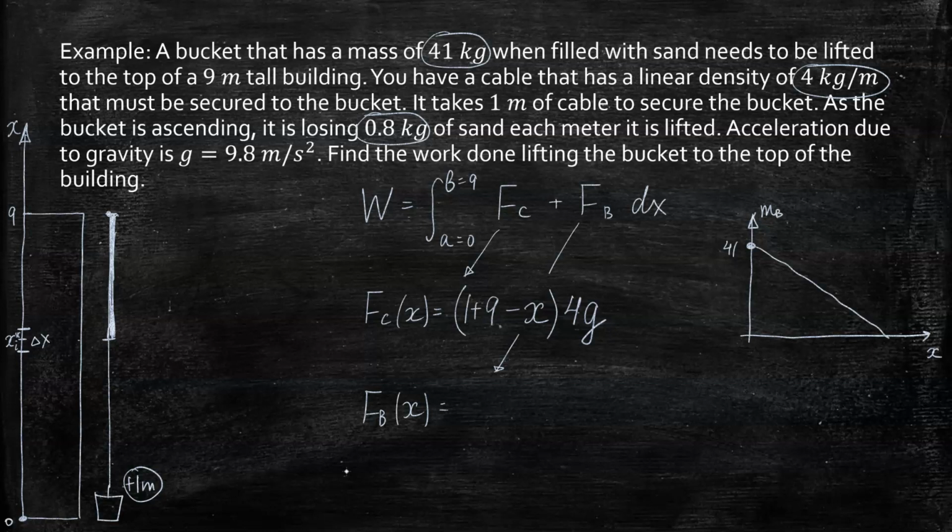So it's a linear relation between the height, the x, and the mass. And as a linear relation, it can be expressed as what? As the y-intercept minus the slope. The slope here is 0.8 kilograms per meter times x. So this is the formula that tells us how much the bucket weighs when it's x meters above the ground.